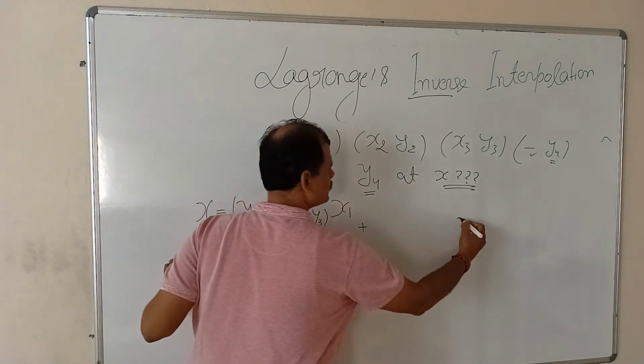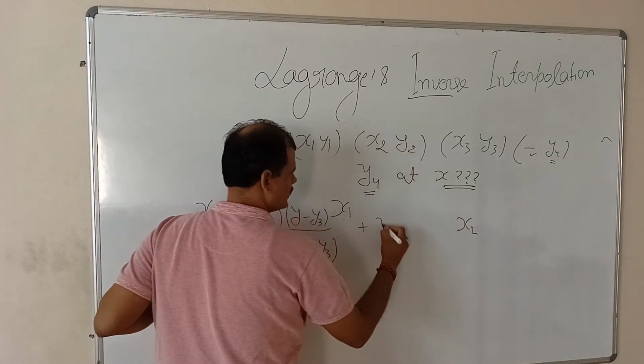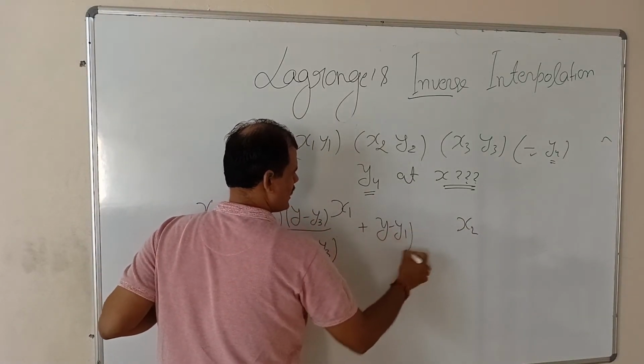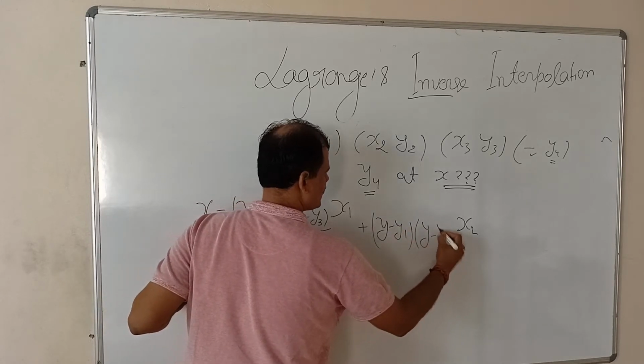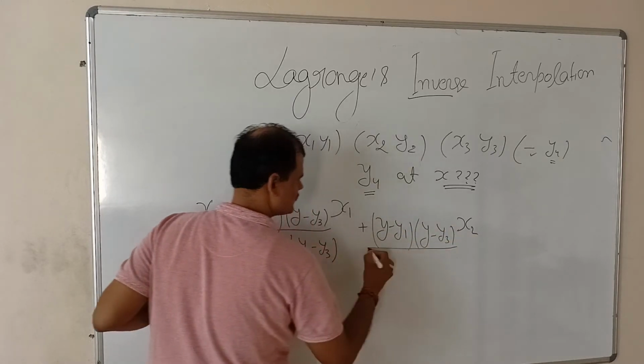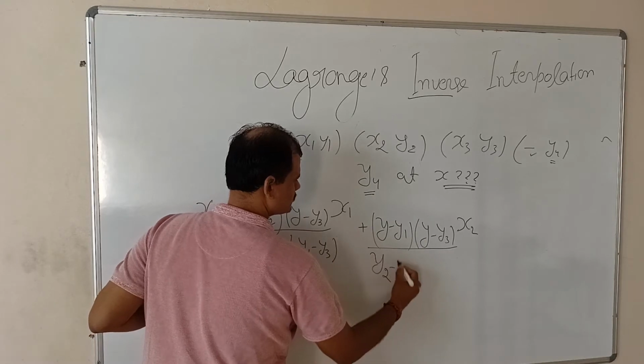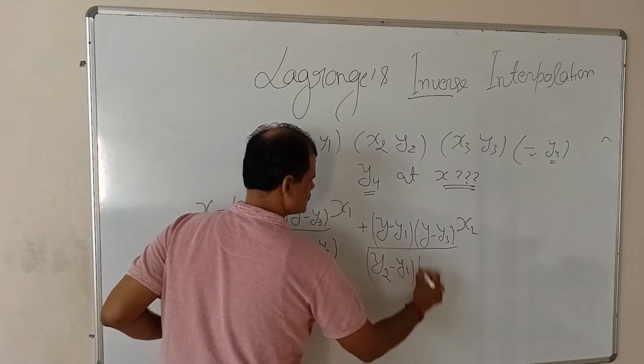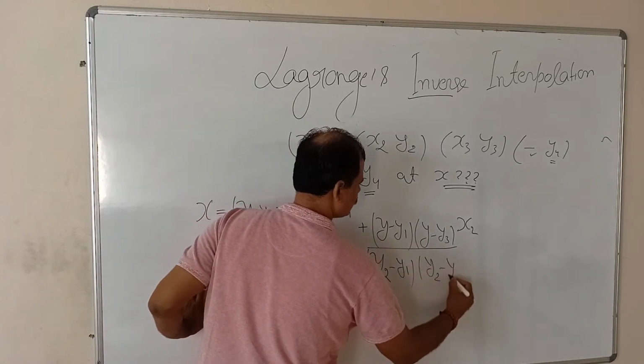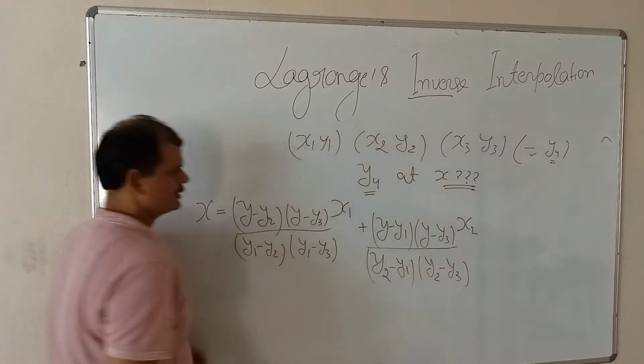Here we have x2 times (y minus y1)(y minus y3) divided by (y2 minus y1)(y2 minus y3).